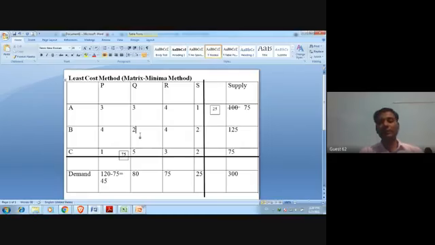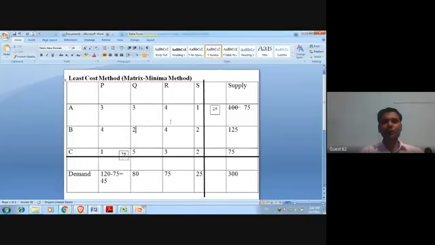So let us see, corresponding to this cell, the factory B can supply 125 units and the requirement of warehouse Q is 80 units. Between the 125 and 80, which one is less? 80 is less.